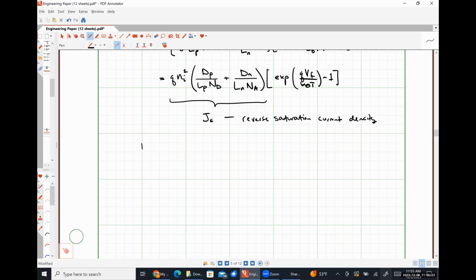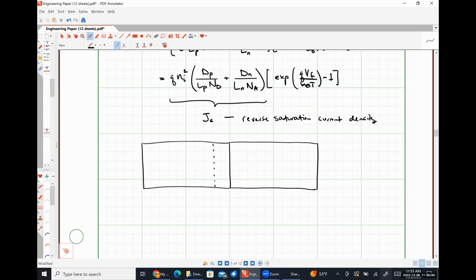If this is our crystal, and let's say this is the edge, so this is negative WP, this is positive W sub N, and this will be J as a function of position.